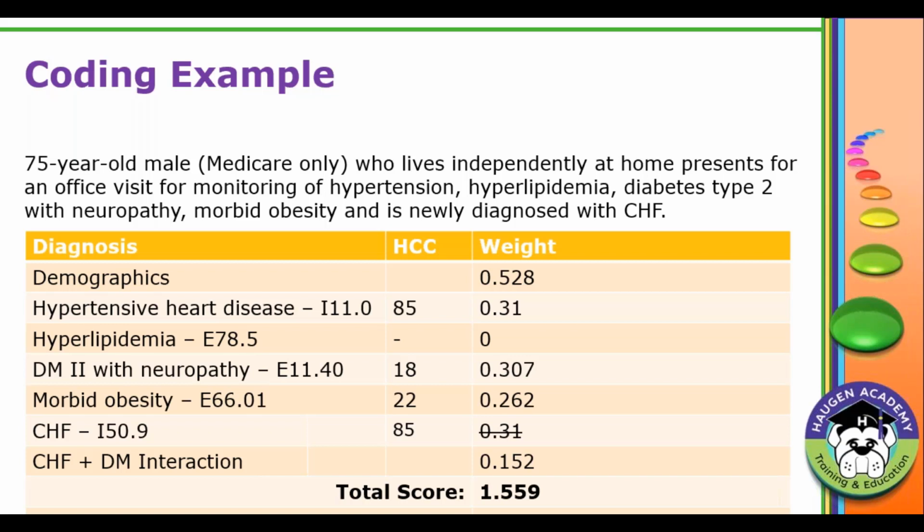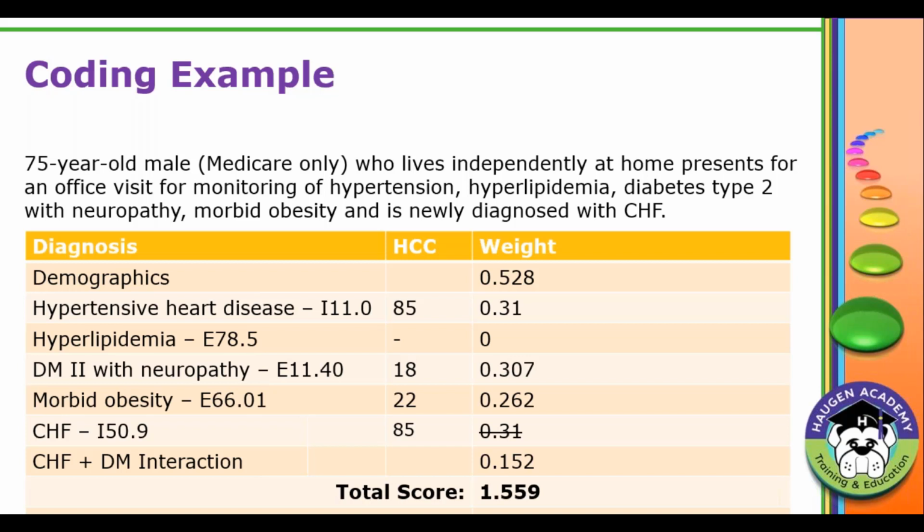Okay, so let's look back at our coding example from before. We've got a 75-year-old male Medicare patient who lives independently at home, presents for an office visit for monitoring of hypertension, hyperlipidemia, type 2 diabetes with neuropathy, morbid obesity, and has a new diagnosis of CHF.